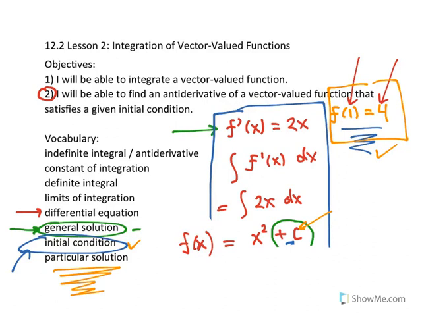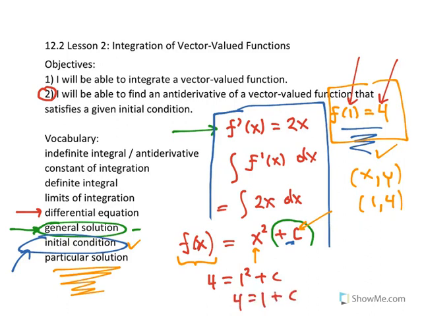So f of 1 is equal to 4, so you have for the function f an ordered pair xy, 1, 4. So I substitute 1 for x and 4 for y. And when I do that, I get 4 is equal to 1 squared plus c. So 4 is equal to 1 plus c. So c is equal to 3.